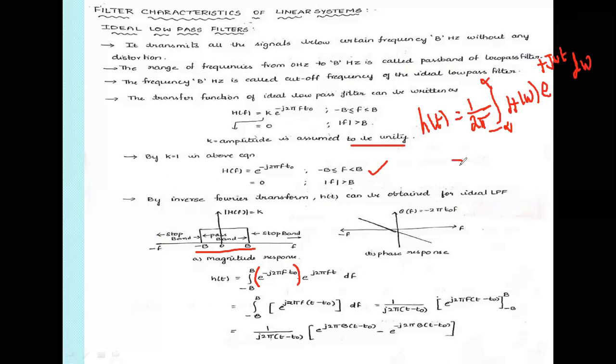Now converting to the normal frequency, 1 by 2 pi, the integral from minus infinity to infinity. The shortcut notation of 2 pi f is f, e power plus j 2 pi f into t, and d omega we can now write as 2 pi f into df.